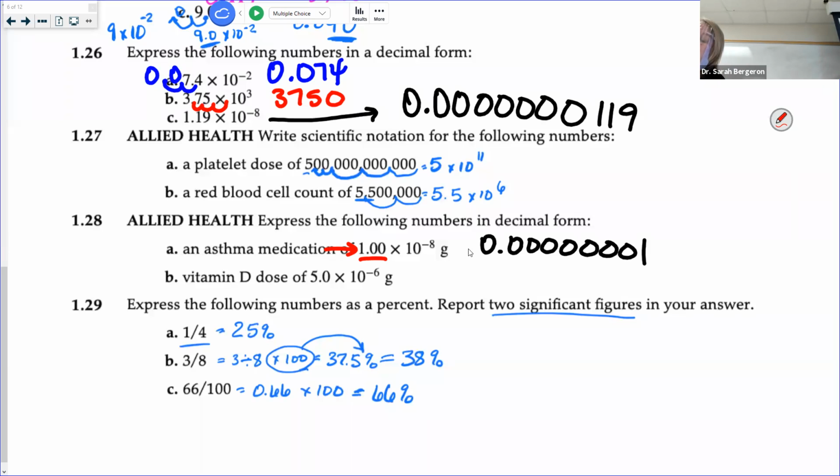Same thing here. Is my decimal present or absent? Present. So I come in from this direction. How many significant figures? Only 1. So I need to put in my 2 zeros. I'm missing something else too. And y'all, masks need to be up over noses, please. Grams, because a number without a unit is meaningless.